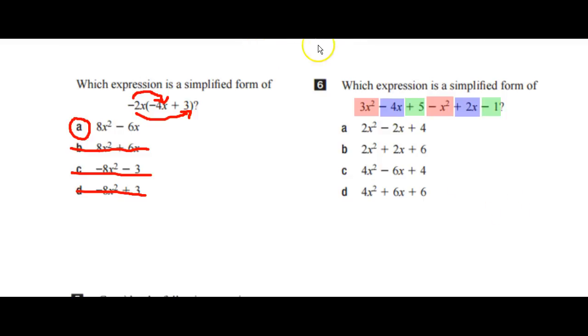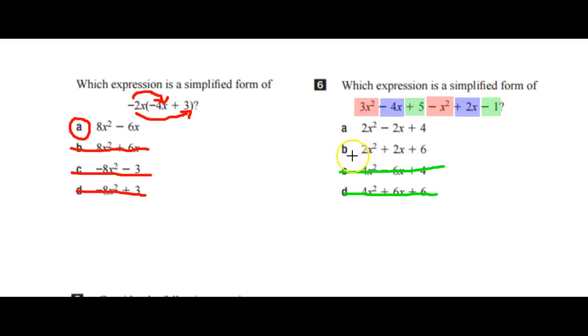Now let's take a look at what we have. I have 3x squared, take away an x squared. That will leave me with 2x squared. So I can get rid of C and D right off the bat. Now let's look at my second term. Negative 4x plus 2x will give me negative 2x.